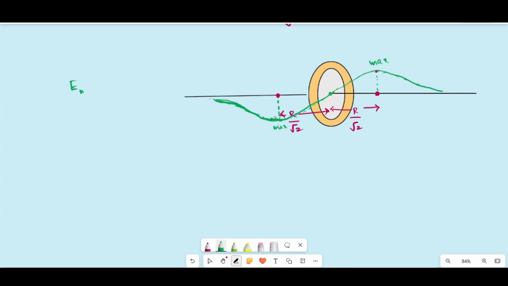E maximum occurs at x equal to r by root 2. If you substitute this in the equation, in place of x you substitute r by root 2, we get the maximum electric field value, which is E max = k · 2q / (3√3 r²).